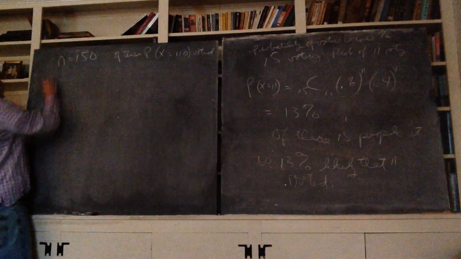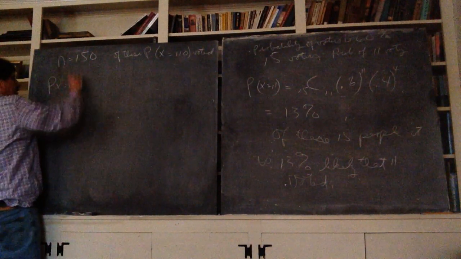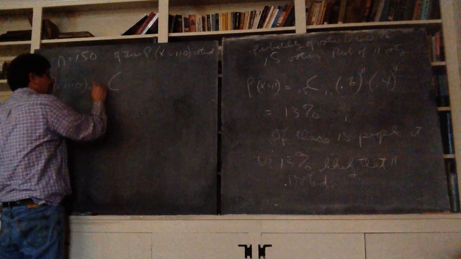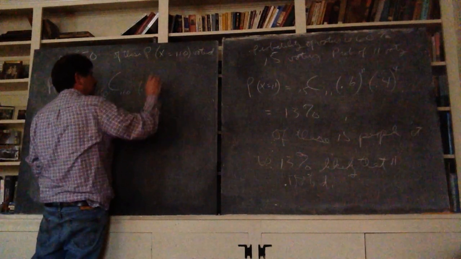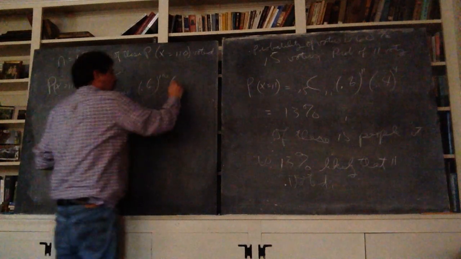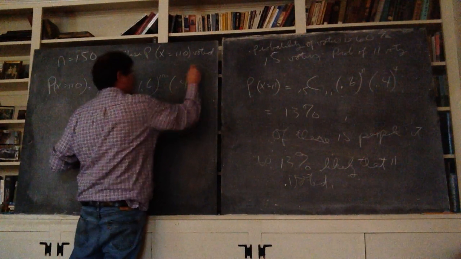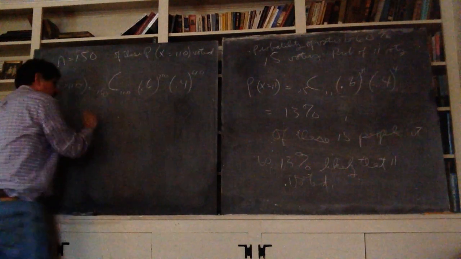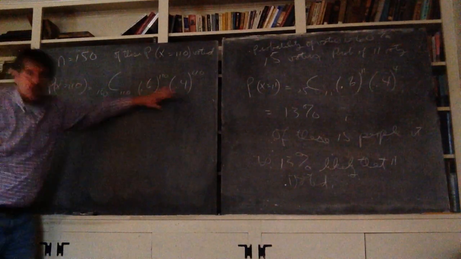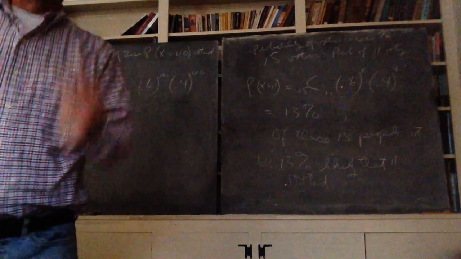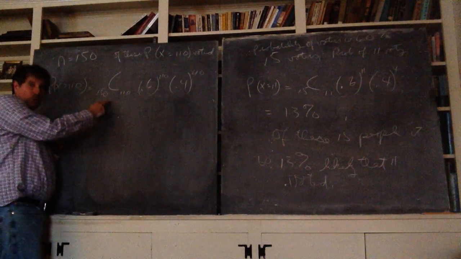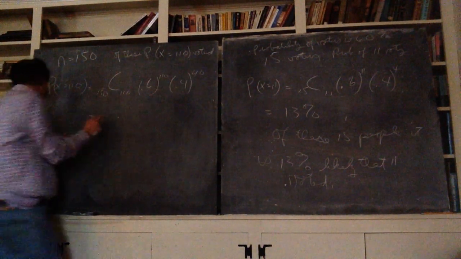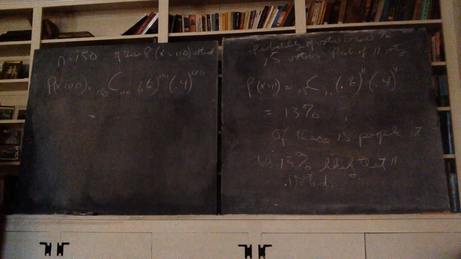So the probability x is 110 is a combination from 150 to 110, 0.6 to the 110, 0.4 to the 40. These numbers are huge. My calculator can handle them. Your calculator can probably handle them, but the bigger they get, the worse it's going to be.